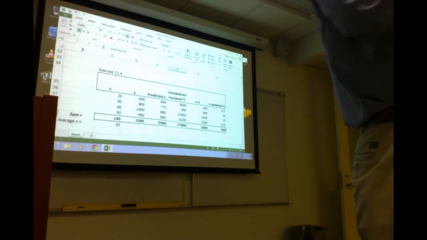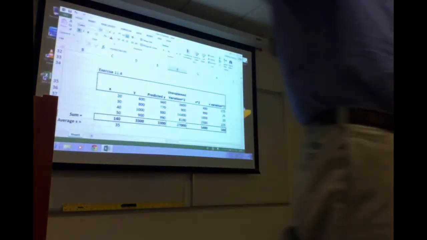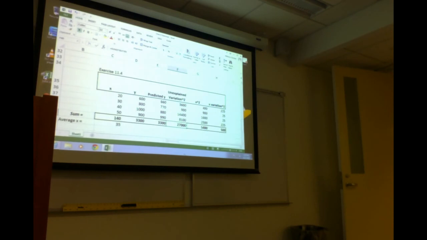And we know we're looking at 2 degrees of freedom. So let's turn back to our t distribution. Let's look at 2 degrees of freedom on the t distribution chart.